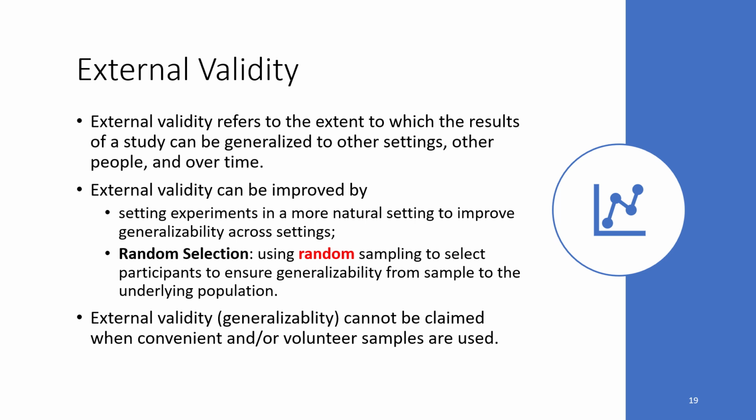In most cases, researchers are concerned with generalizing findings from their samples to the underlying populations, which is only possible when the sample is randomly selected. If a study relies on convenience or volunteer sampling, it's important to avoid making broad generalizations.